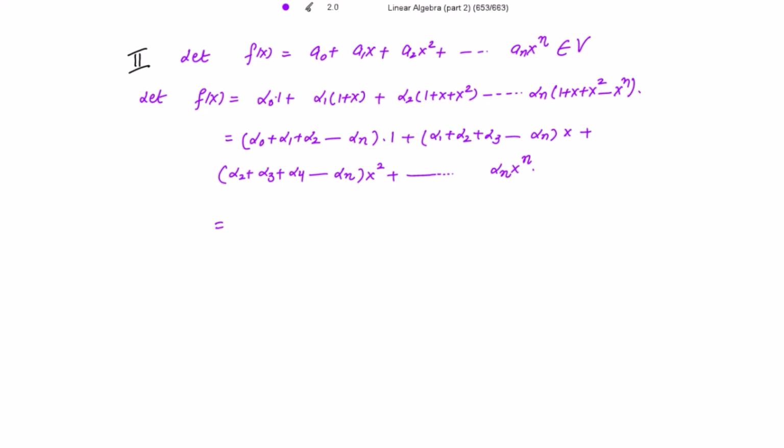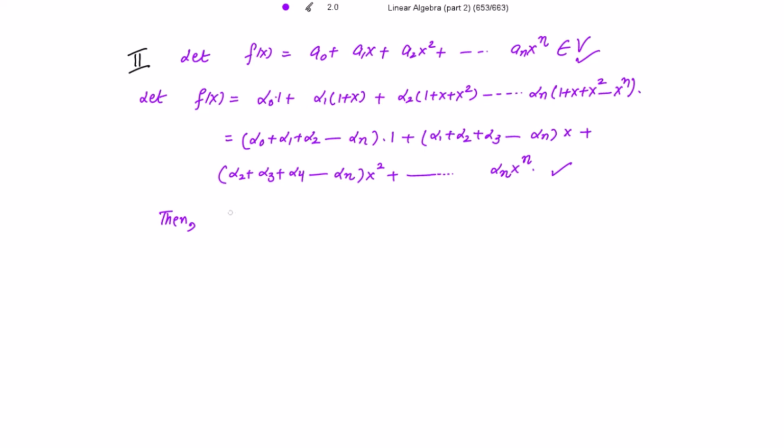Now I should write alpha naught, alpha 1, alpha 2 up to alpha n in terms of a0, a1, a2 up to an. For that I need to equate these two expressions, because I need the values of the alphas in terms of the a's; only then can I say that f of x is a linear combination of the given polynomials.